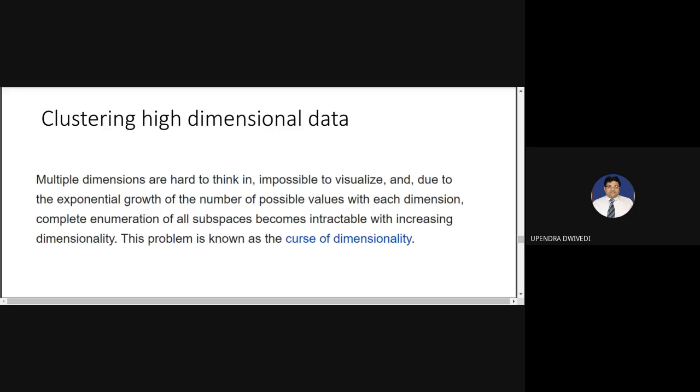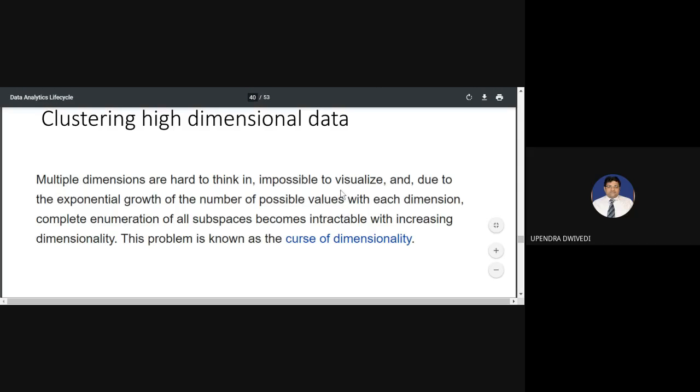You can find that multiple dimensional, higher dimensional data will produce a problem that is called the curse of dimensionality. It is very hard to compute the desired output from higher dimension data, so we have to reduce the dimension of the data so that we can get a better output.